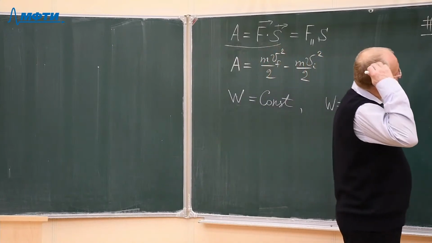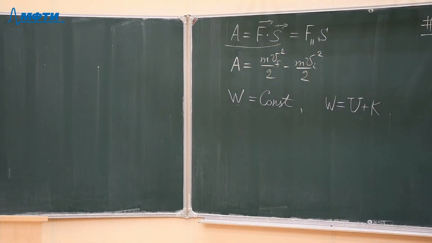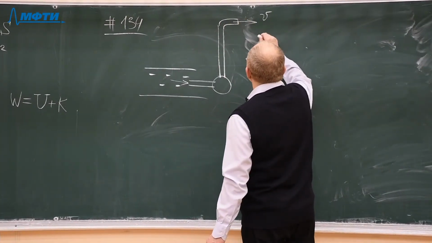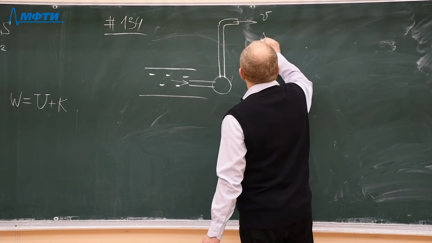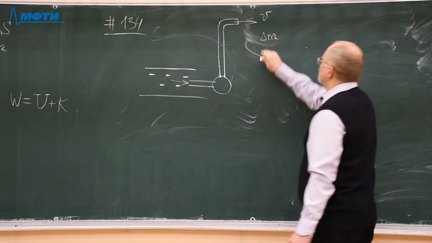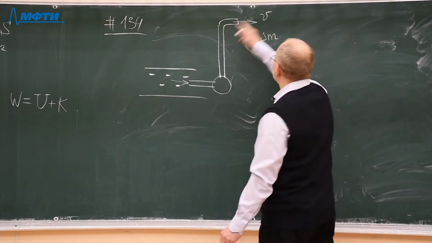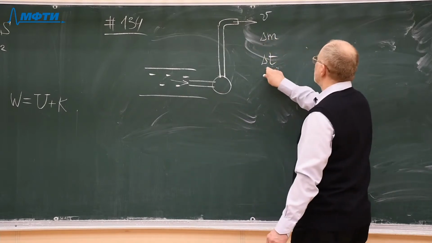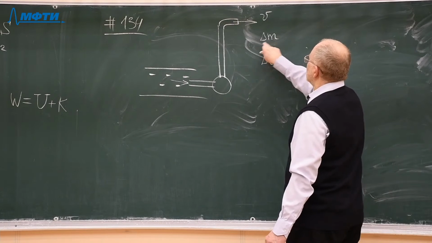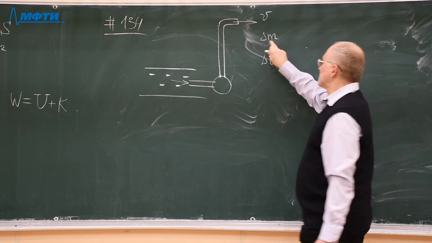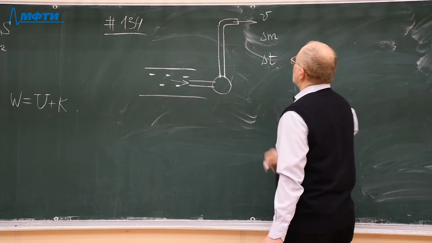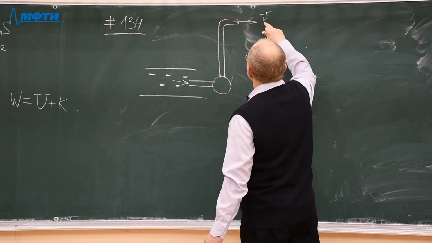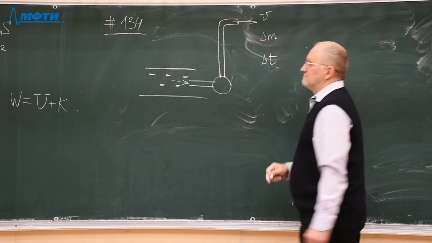So we have a pump which pumps water, and in a unit time, some amount of water goes here. Let it be delta m, the mass of water which is pumped during time delta t. It may be a unit time, it may be 1 second. So some delta m kilograms of water are pumped here, and the water runs from this orifice with the velocity v.